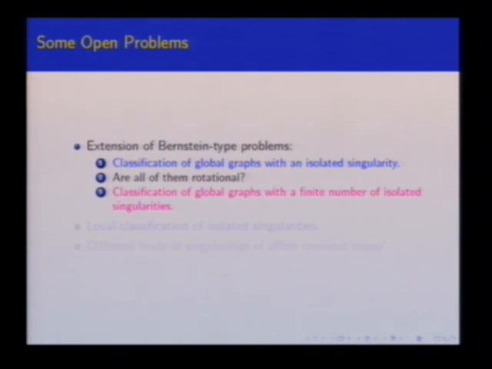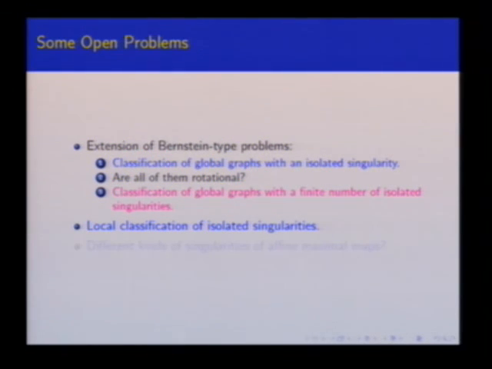Let me end with some unsolved problems that I think can be interesting to study. The first one consists in extending, in some sense, the affine Bernstein problem. For instance, is it possible to classify global graphs, starting with only one isolated singularity?